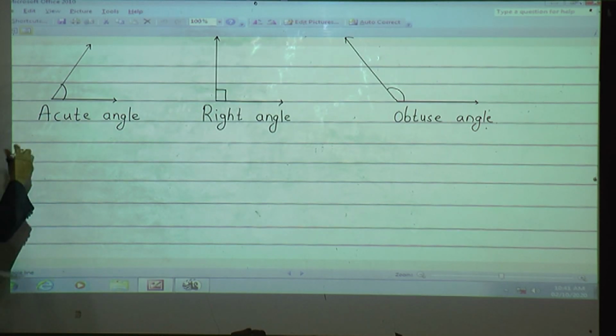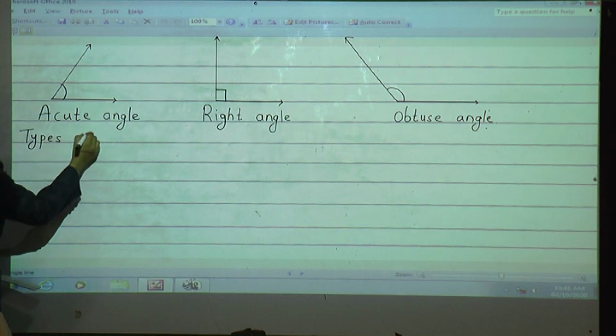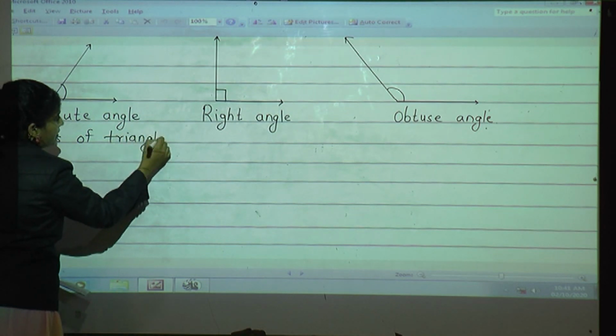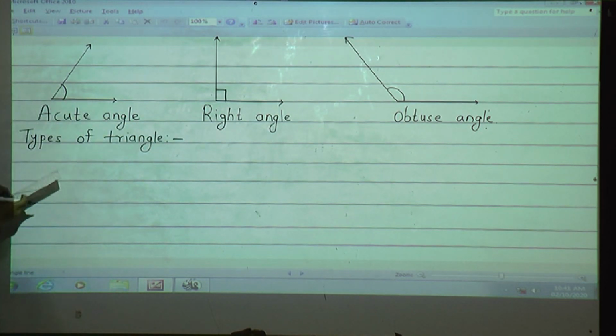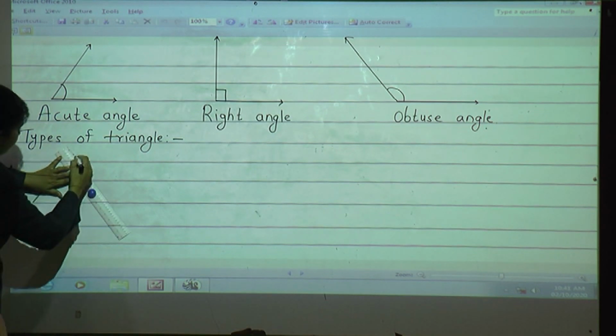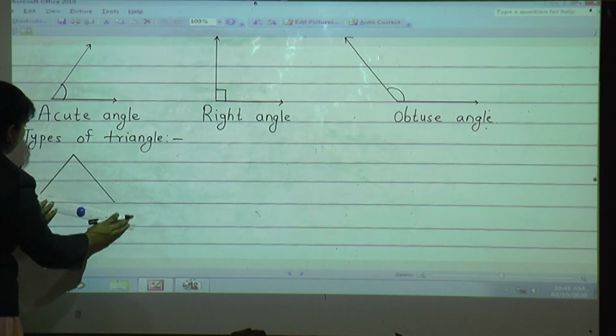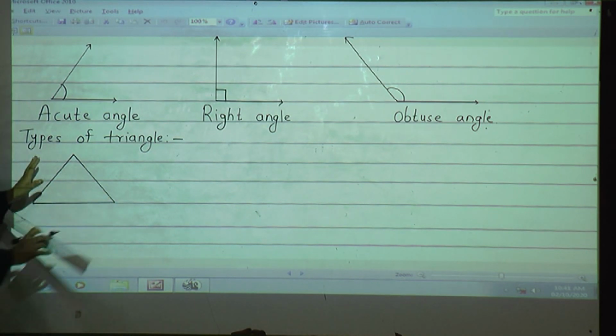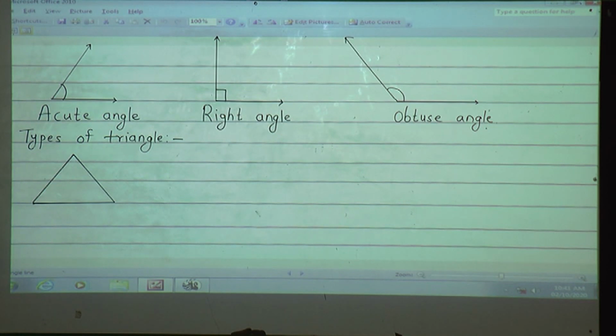See, types of a triangle. We'll see now. See here. This is a, see, you can see acute angle here.